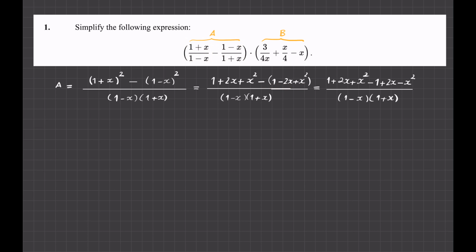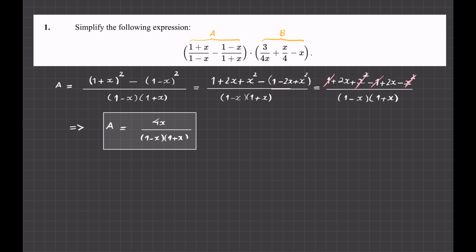But now this negative 1 and that positive 1 are gone. This positive x squared and that negative x squared are gone. I have 2x plus 2x, which is 4x. So A is 4x in the numerator and the denominator is 1 minus x, 1 plus x. This is the expression for A, and it is not possible to simplify it anymore.